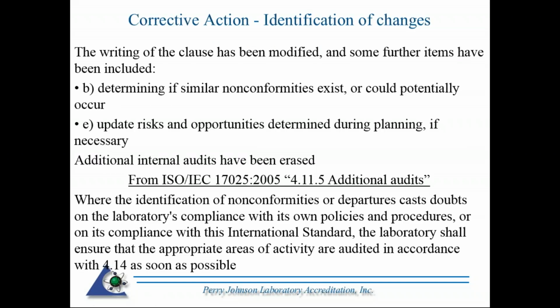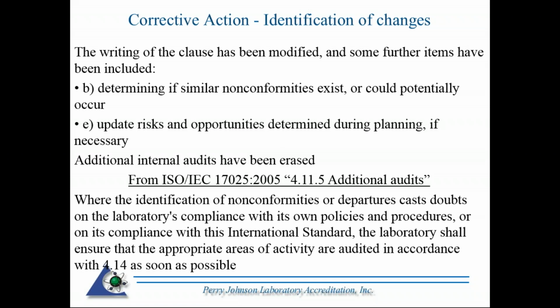So corrective action is nothing new. Those folks that are operating under the 2005 standard, making a transition to 2017, we had requirements for corrective action in 2005. The clause is still there, has been modified, and some further actions have been included.